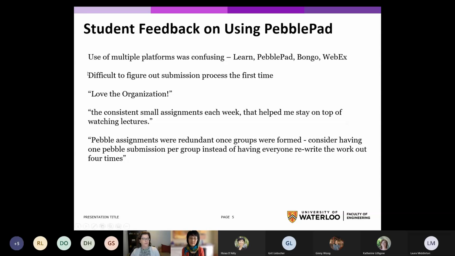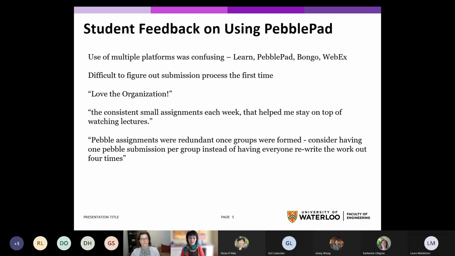As mentioned before, it was really difficult to figure out the submission process for the first time. So making that very clear and probably saying that over and over again was really important. One student said they love the organization. And I think that probably stems from how easy it is on PebblePad to set up the work from my end, making it very clear and straightforward.